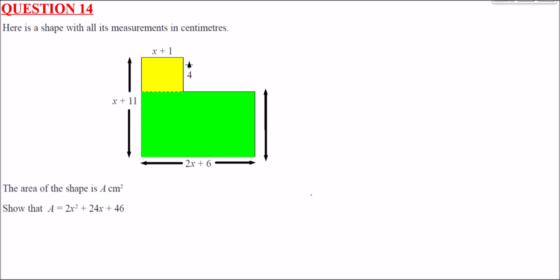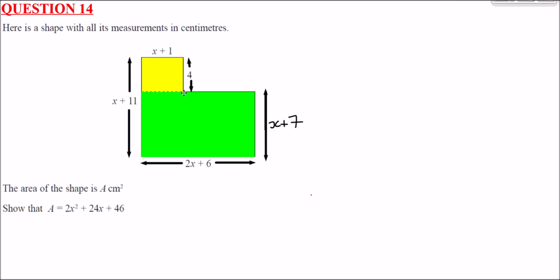But this bit here is 4. So the lower bit will be x plus 11 without that 4, which would be x plus 7. As a double check, 4 plus the x plus 7 would give you x plus 11, like what we need.